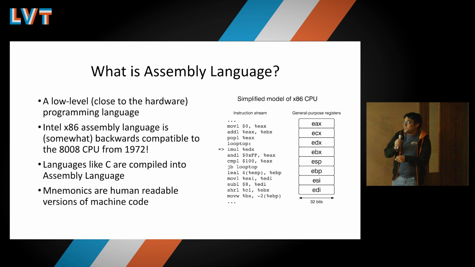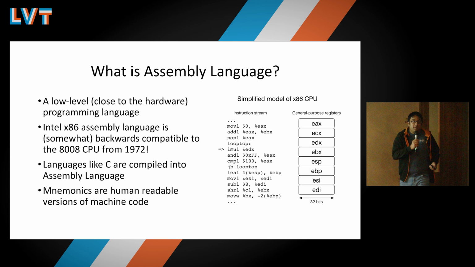You'll notice the registers are not in alphabetical order, and that dates back literally to 1972, where AX was, I think, the accumulator, C was the counter, D was data, and B was the base. Then these things have been added much later on. Broadly speaking, you could still write code today that works on this CPU from 1972.